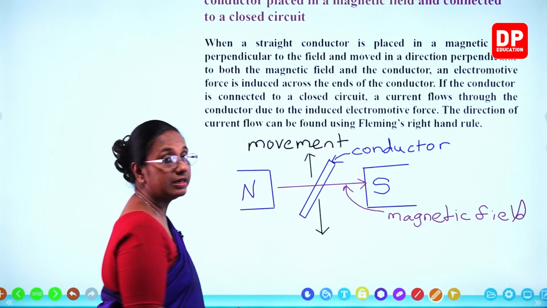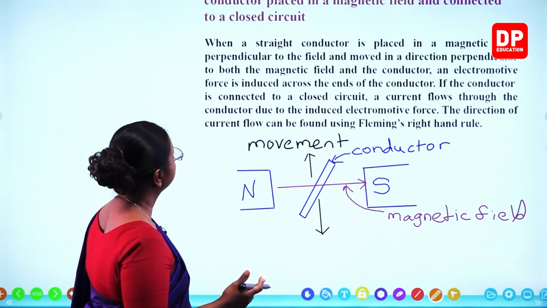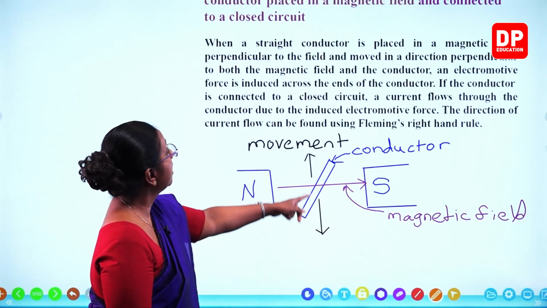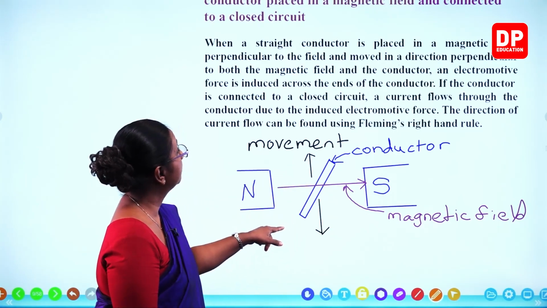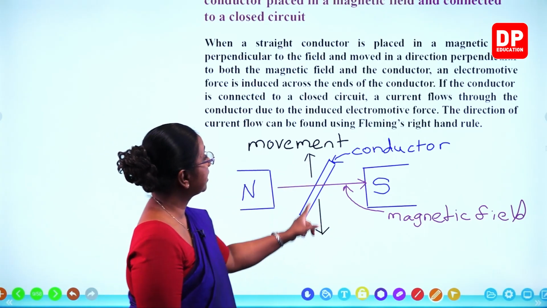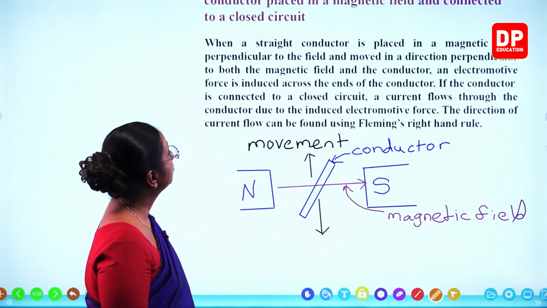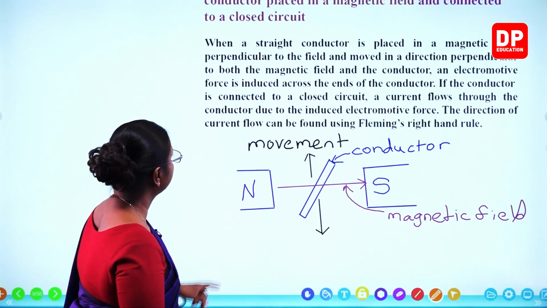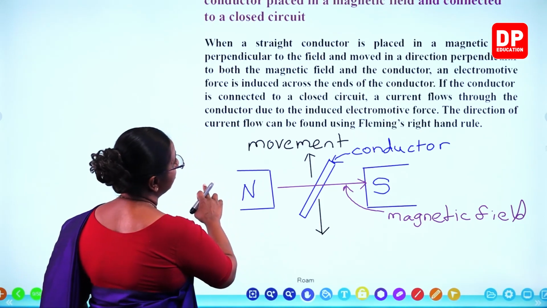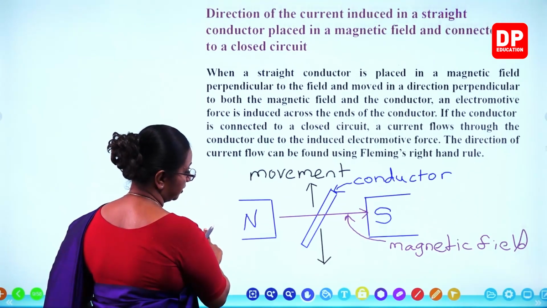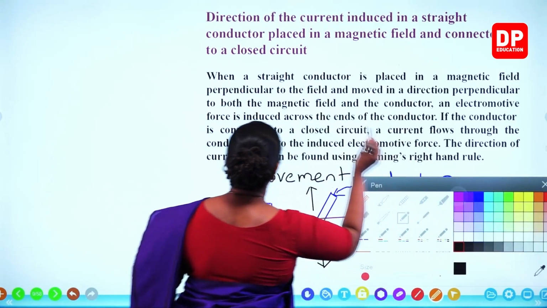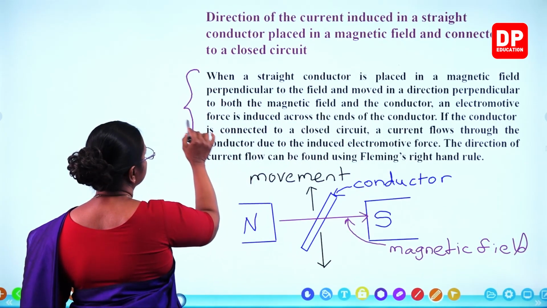Then there will be a current generated. So when a straight conductor is placed in a magnetic field perpendicular to the field and moved in a direction perpendicular to both the magnetic field and the conductor, an electromotive force is induced across the ends of the conductor. So that is very important. This part.